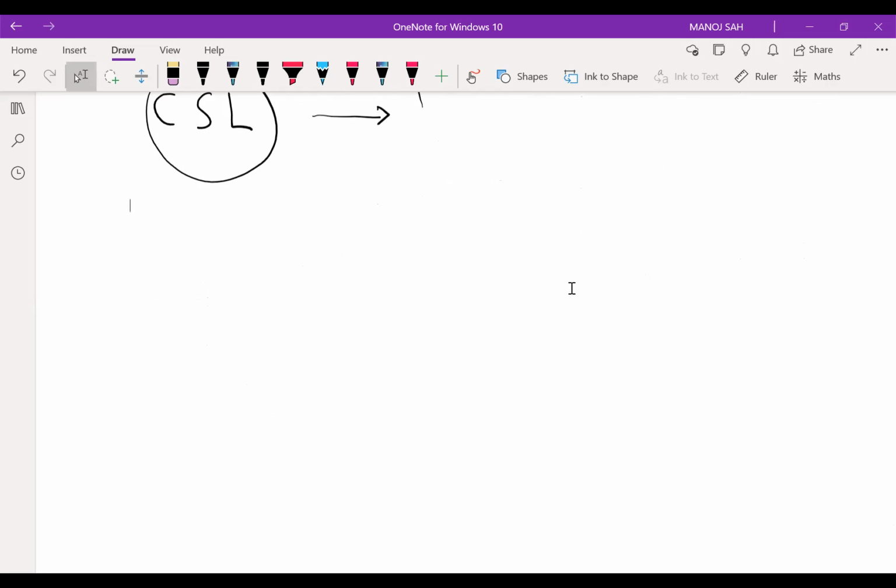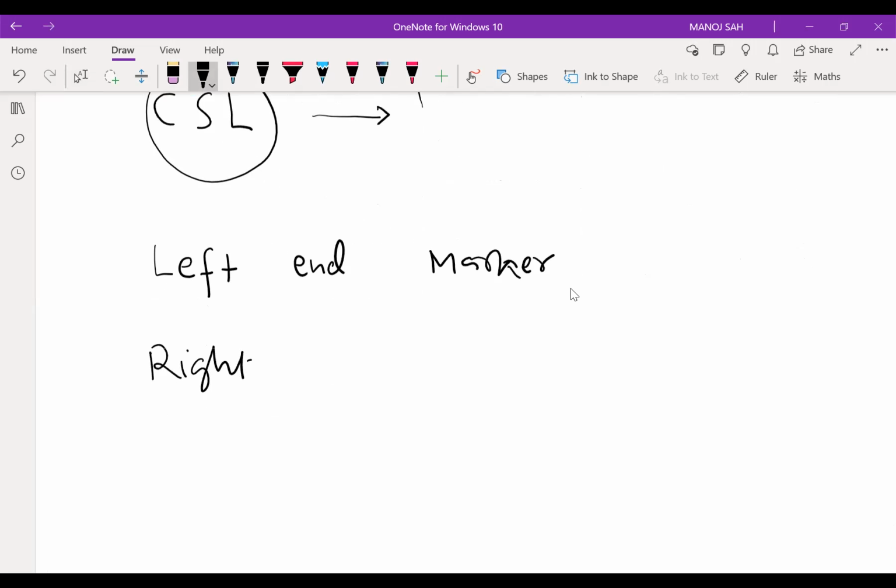There are two markers, one is called the left end marker and the other is the right end marker.